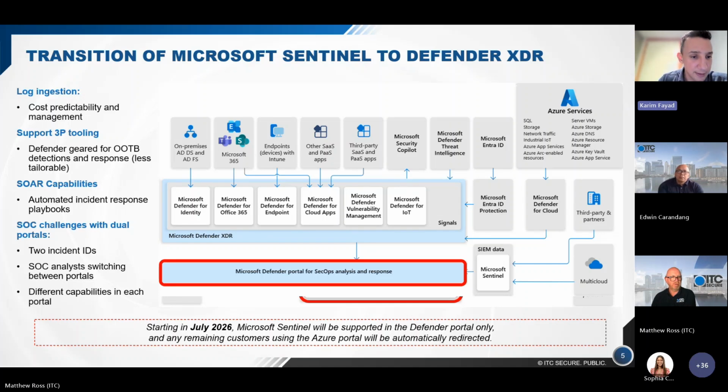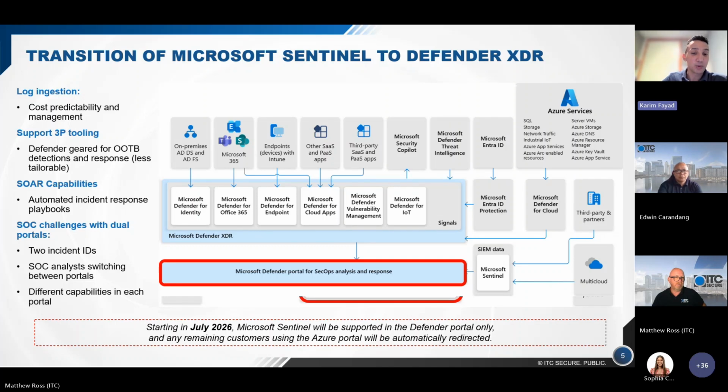If we can, yes. So again, with the slide, back in the day, we used to take data from the defenders, have it in Defender. We used to have separate connectors in Sentinel to onboard the Defender XDR telemetry and data in Sentinel, and third-party connectors as well. Now, that's not the case anymore, right? So we can have everything being part of the Defender portal for SecOps analysis and response.